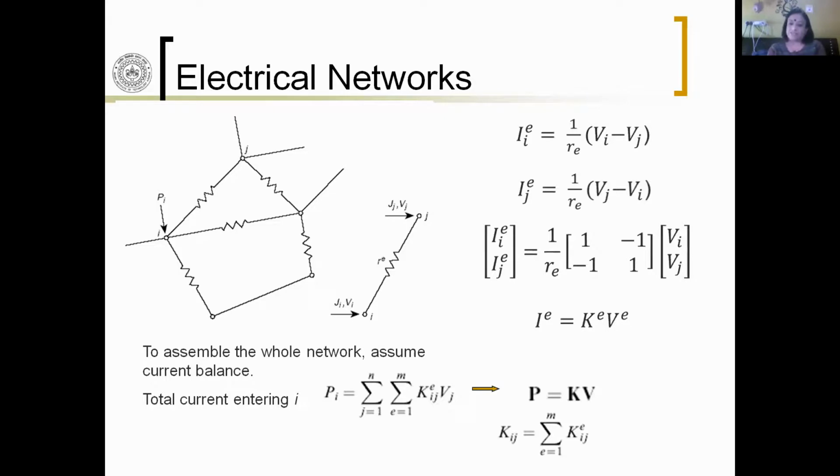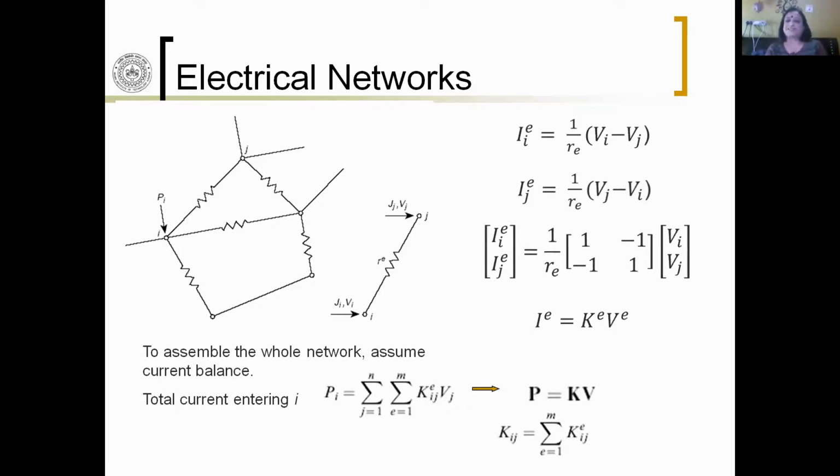In case of electrical circuits, you can apply KCL at every node in the circuit. If you apply KCL at every node in the circuit, using these local relations, you will be able to end up with a global relation which involves a vector of all the nodal currents, a vector of all the nodal voltages, and P and V will be related by a global constant matrix, which is given by Kij. Is this clear to everybody?